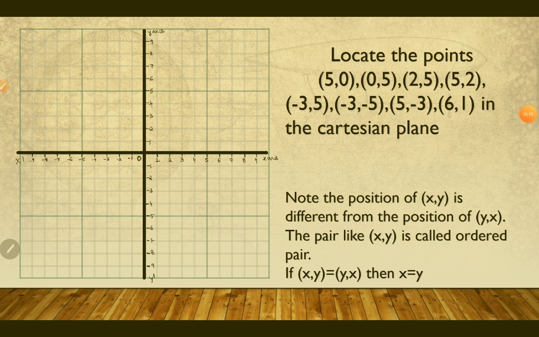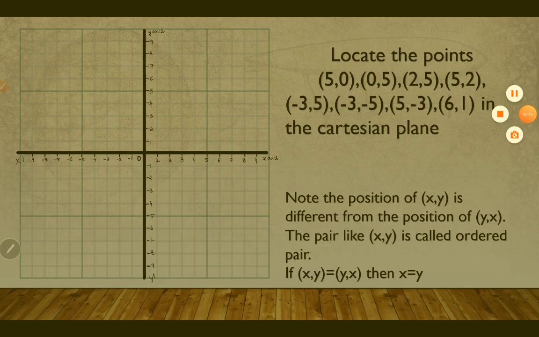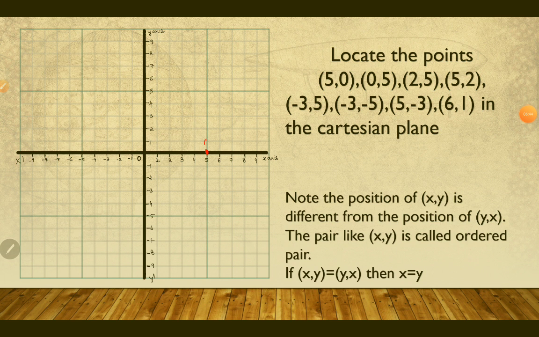Locate the points 5, 0; 0, 5; 2, 5; 5, 2; minus 3, 5; minus 3, minus 5; 5, minus 3; 6, 1 in the Cartesian plane. So 5, 0 is on x-axis. This point is 5, 0.